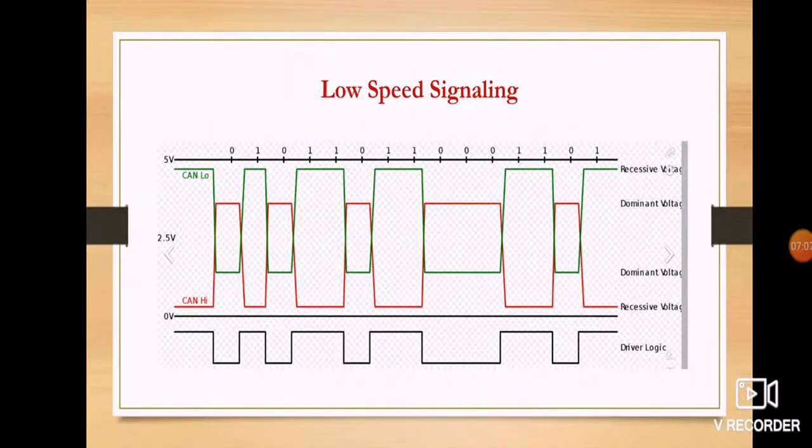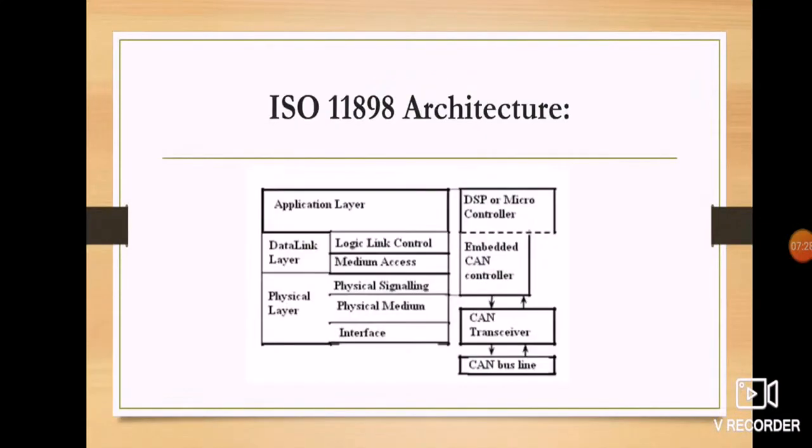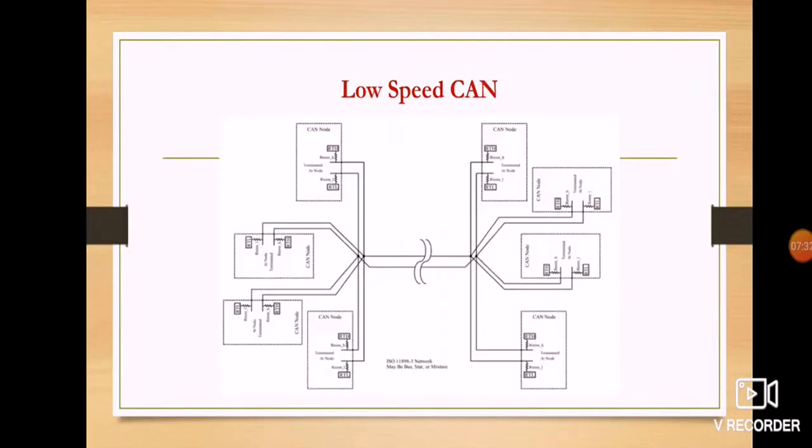But if the protocol is transmitting it every 10 milliseconds, then there is no use of acquiring those signals. So that is the purpose that we are going for both high speed and low speed configurations. Okay, so this is a simple concept, a simple architecture. Then high speed, low speed, fine.